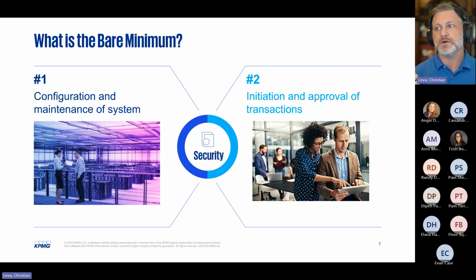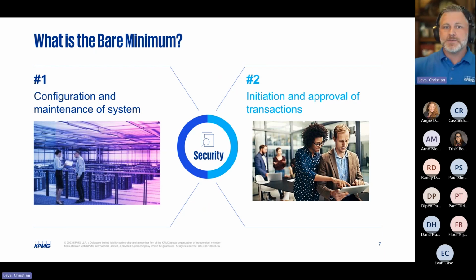The individuals who are responsible for configuring and maintaining the systems, that's what they should be focusing on, right? They should not be doing financial transactions, even initiating financial transactions.